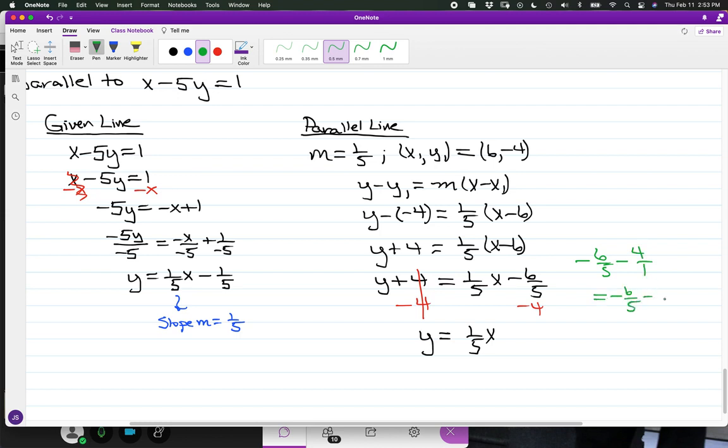And 4 over 1 is going to become 20 over 5. So we have negative 6/5 minus 20/5, so this would be negative 26/5. So for the slope-intercept equation, we'll have 1/5 of x minus 26/5.